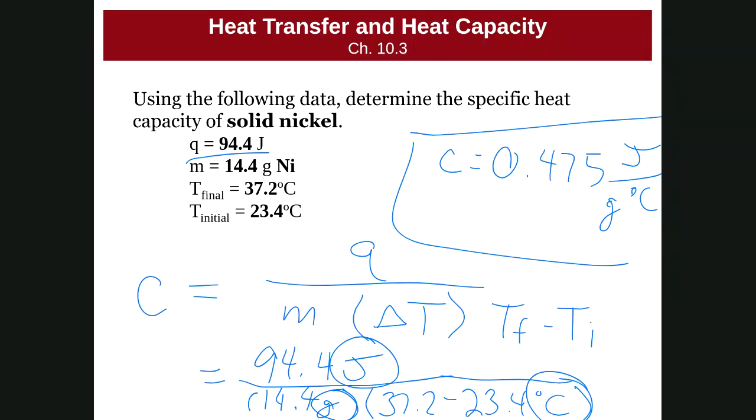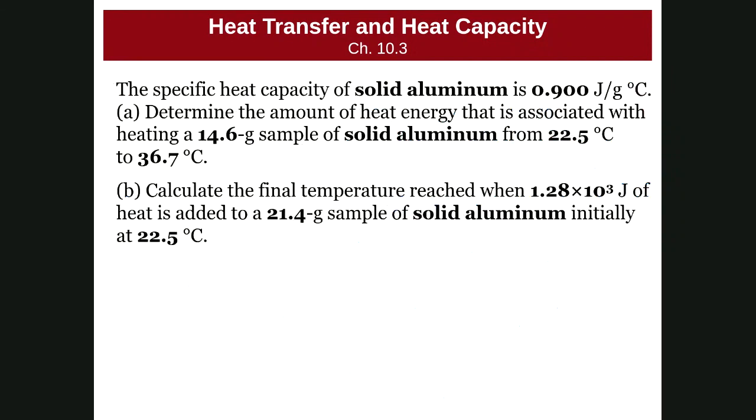So we can keep going and talk about specific heat capacity to determine the amount of heat that is required to go from one temperature to another, or the final temperature when we've added a certain amount of heat. So for A, we're going to determine the amount of heat energy associated with heating a 14.6 gram sample of solid aluminum.